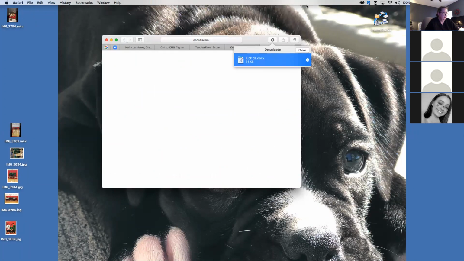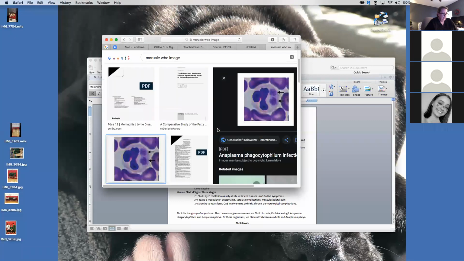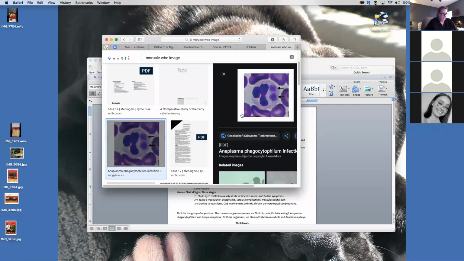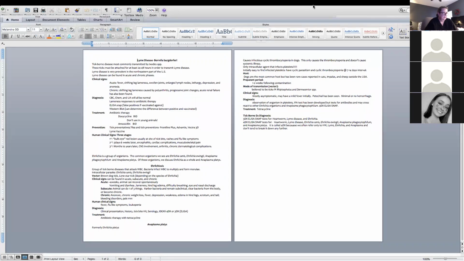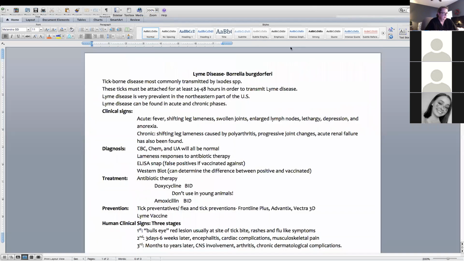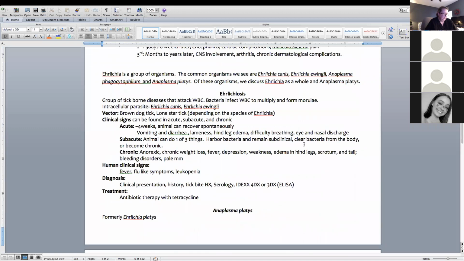Here is a picture of that morula formation inside a neutrophil right here, and that's what we're looking for. So it can be diagnosed on a smear by just doing a regular CBC and looking for that morula.